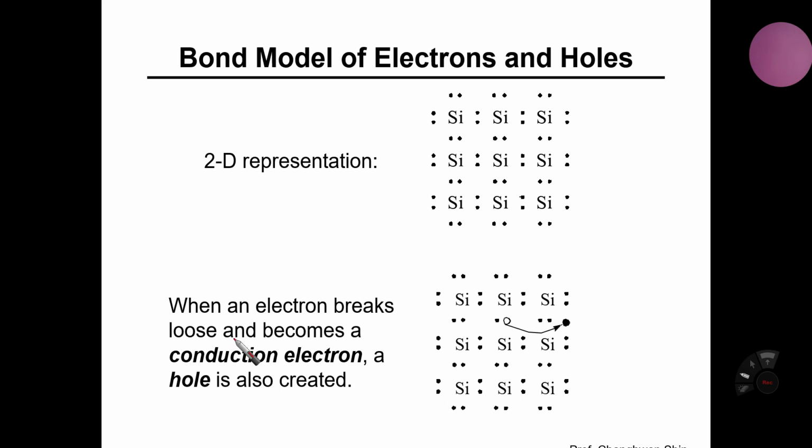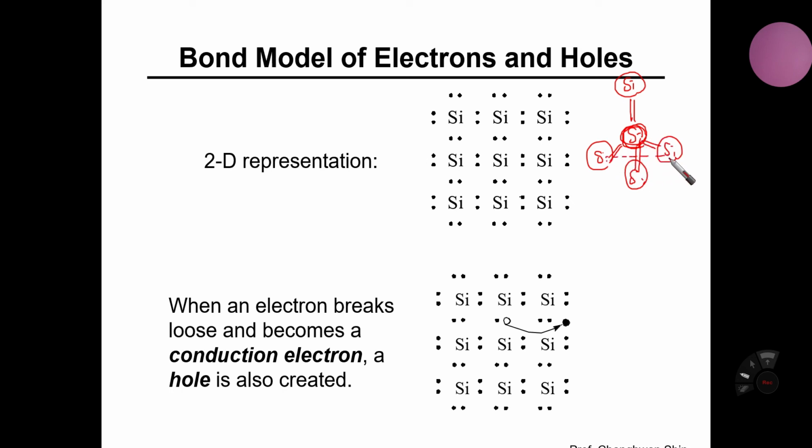Right. Now let's move on to the bond model, or bonding model, of electrons and holes. Previously, when I taught you how the silicon atoms are placed in a unit cell, you may remember that for a given silicon atom, a silicon atom on top of it is connected and bonded, and below it you may imagine three silicon atoms, bonded with covalent bonding.